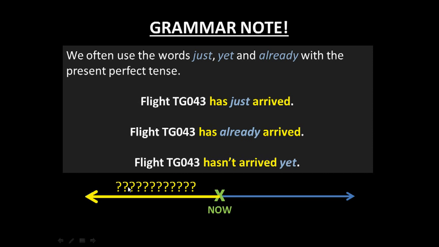Already could be any time in the past, not necessarily recently like just. Or, flight TG043 hasn't arrived yet. When? Doesn't matter. We're concerned about right now, that ยังไม่ถึง.